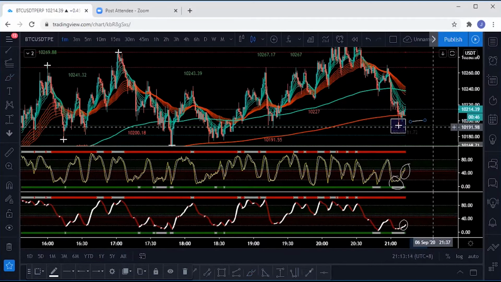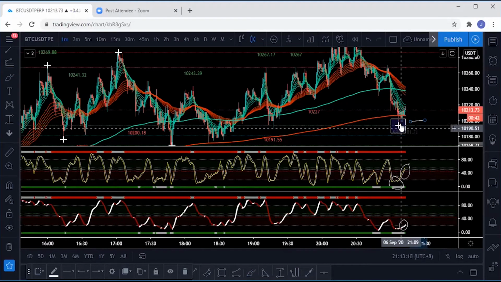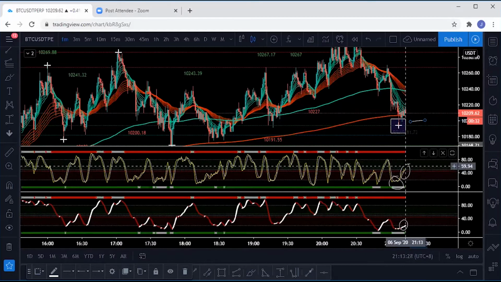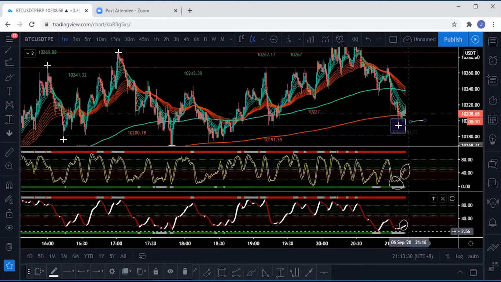But this is a very tight entry. From the cross, where are you going to exit? There is no sign that you're going to exit yet, because there is no RSI crossover and the color of our shadow is red.